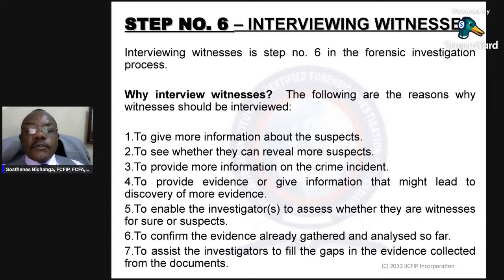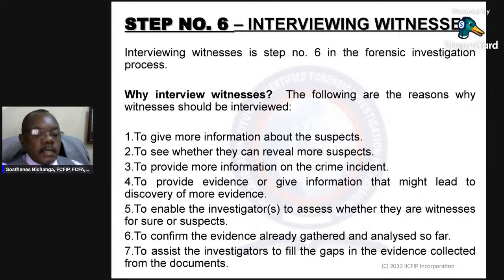Why did the person who forged the document do it? What was the motive behind the forgery? What was the intent? Such questions and many others that come in the form of gaps in information collected from the documentary evidence collection will be answered in step number 6, interviewing of witnesses.